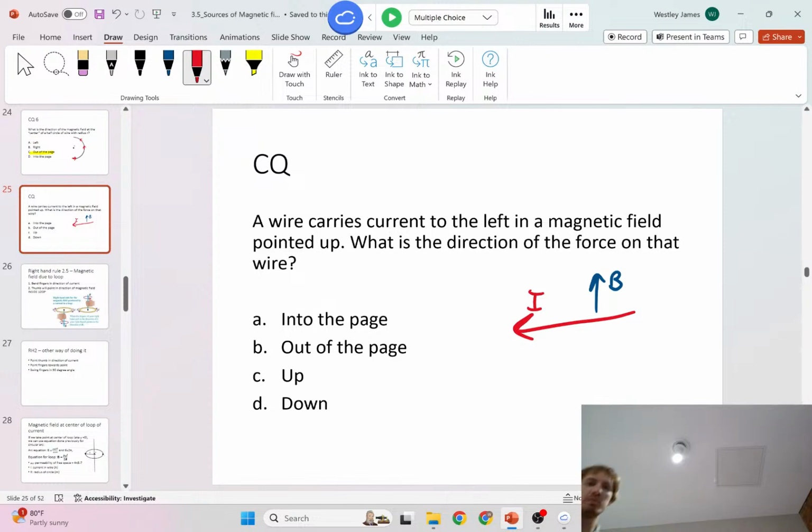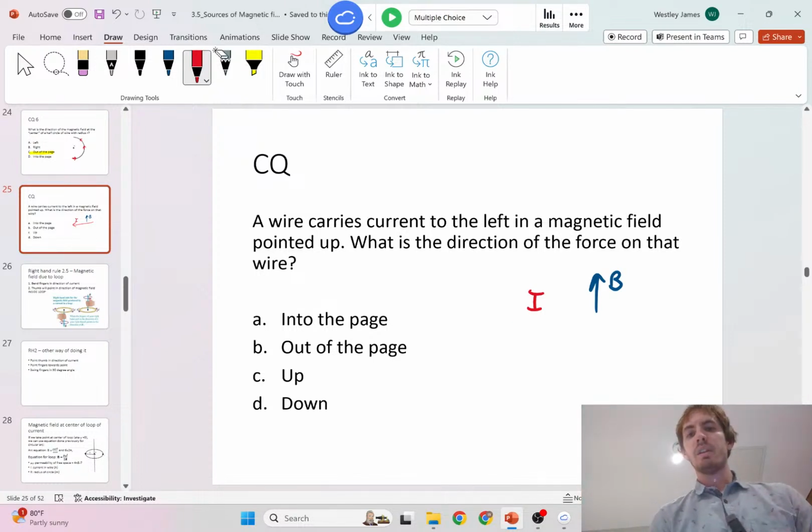Whenever you see the word force, the strongest finger on your hand is the thumb, and so your thumb points in the direction of force. If you ever want to find the force, your thumb points in the direction of force because your thumb's real strong.